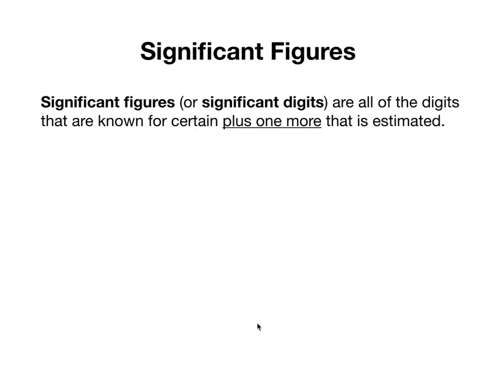Now, when we talk about the concept of significant figures or significant digits in measured numbers, significant figures are all of the digits that are known for certain plus one more that we estimate.